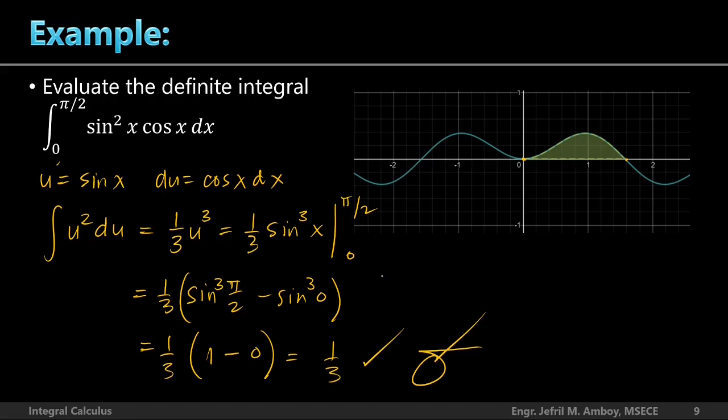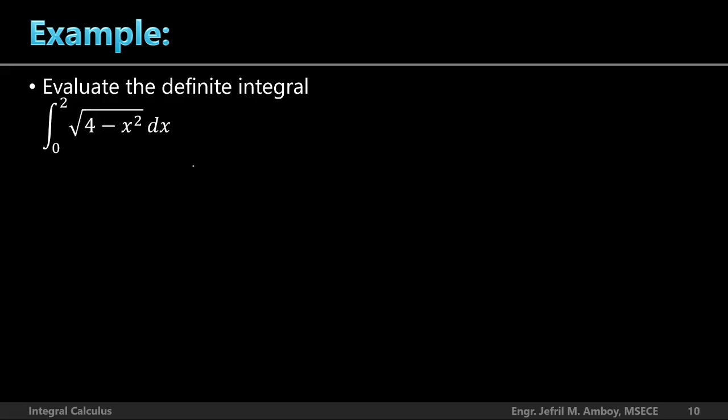Okay, next example. Evaluate the definite integral of the square root of 4 minus x squared from 0 to 2. So, sa unang tingin, mukhang hindi ito readily integrable. Kaya, malamang ang una mong maiisip ay gagamit ka ng substitution. Right? Diyan ka magaling. Substitution.